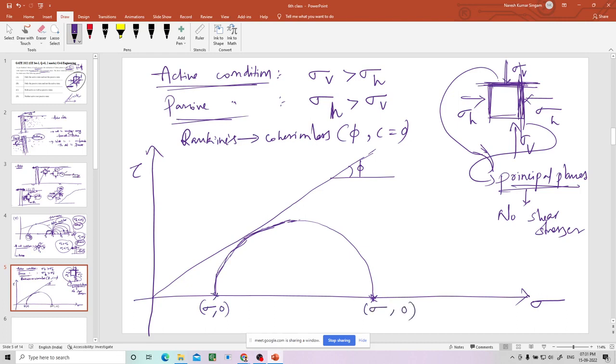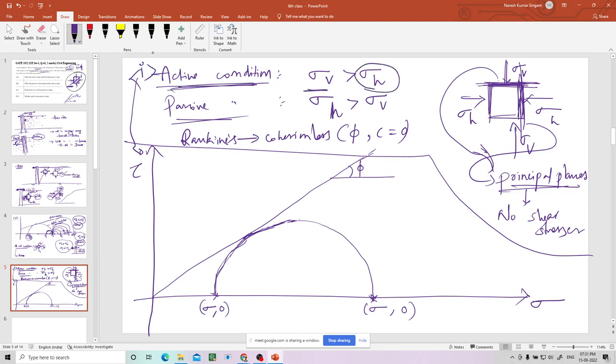Now, let us say we'll go to the active condition first. Okay, we'll do the active condition first here. So for the active condition, what is less? Sigma h is less than sigma v. Now tell me, this should be sigma h, because sigma h is less than sigma v. This should be sigma v, right? Now, so I am taking an element.